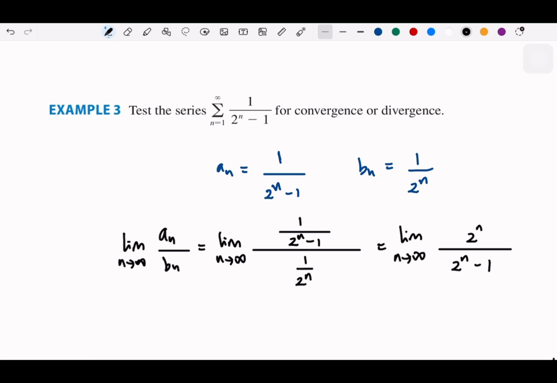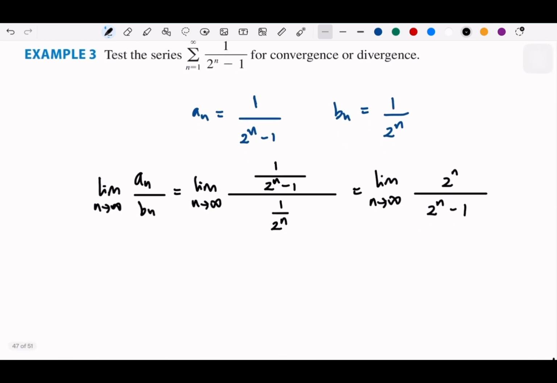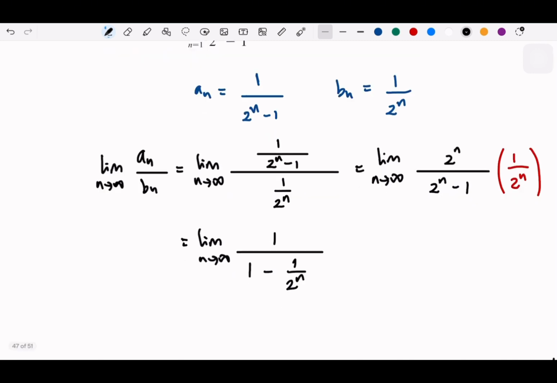And then we can divide with the 1 over, let me write here to make it clear. I will multiply with this. So this is 1, 1. So the result is 1. Okay, this is 0. Which means this is a positive value, right?